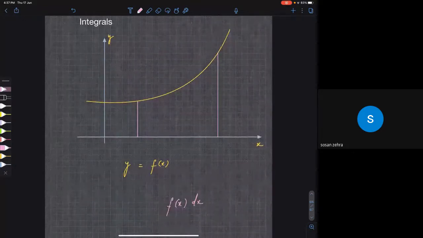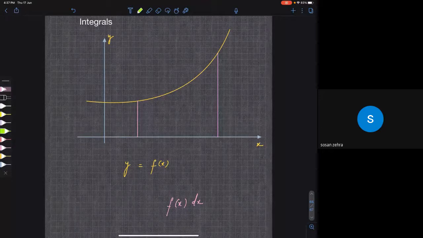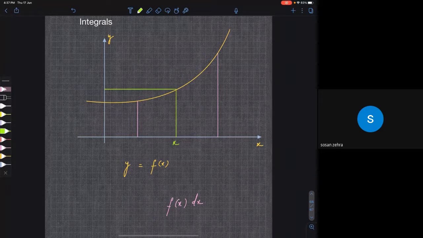If you take any point x here, so this is x. What is f of x? f of x is the y value. So this is f of x.